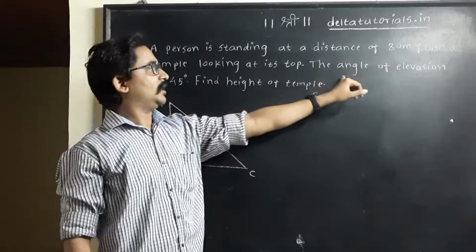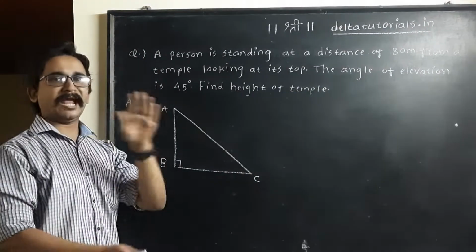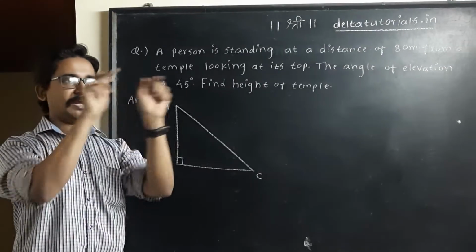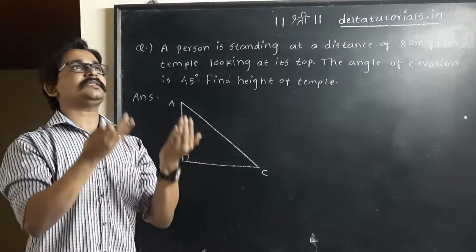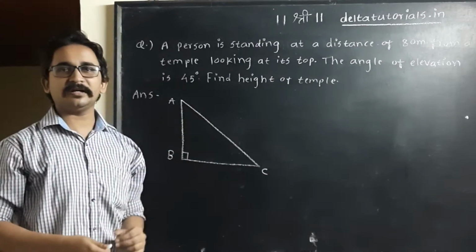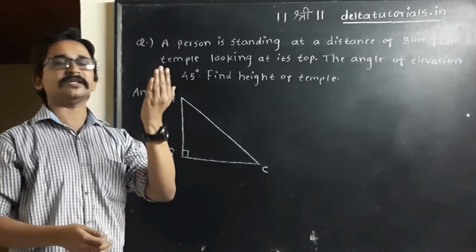See the next part, the angle of elevation. Angle of elevation means you are looking at the horizon in a straight line and you need to just raise your vision by some specific degree. That is called elevation.